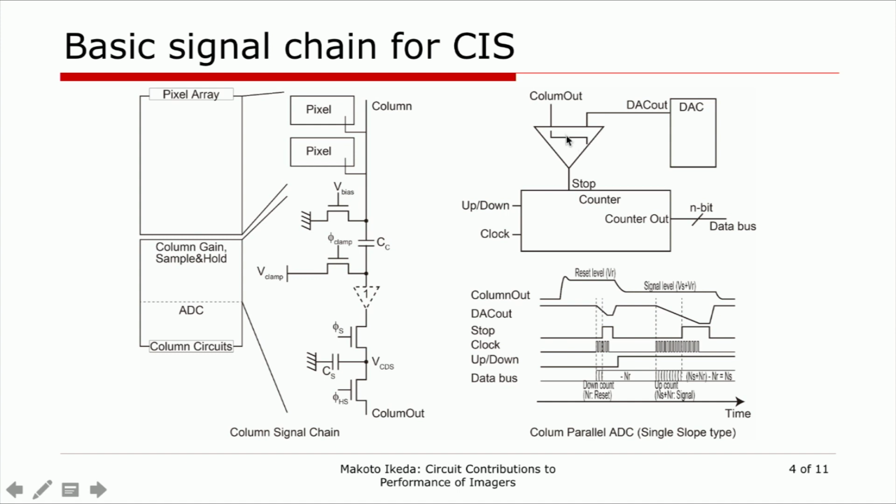And once the ramp signal crosses the column signal pixel value, it stops the counter, which immediately exposes the digital value. Usually we do this twice, for the reset level, down counting, and the signal level, up counting, which automatically subtracts the reset level. We call this digital domain correlated double sampling.